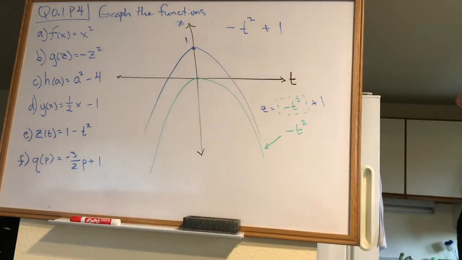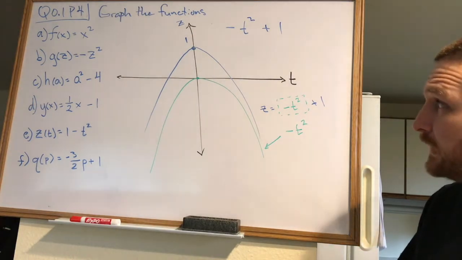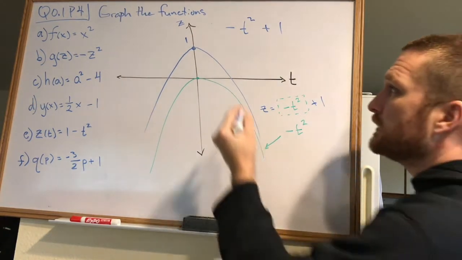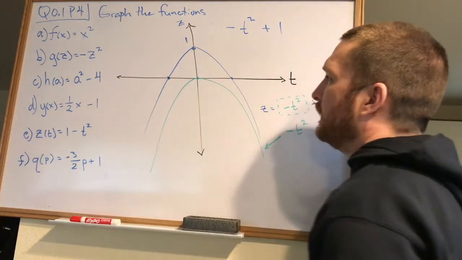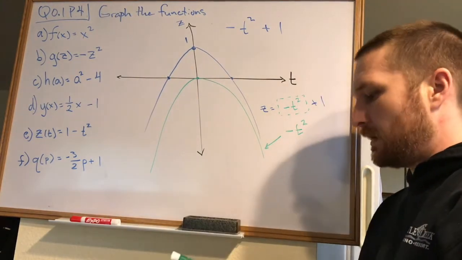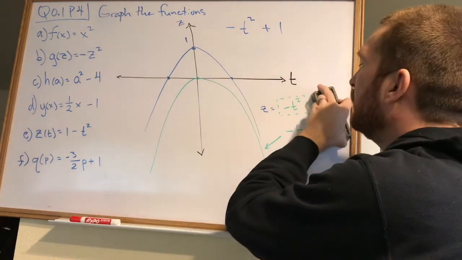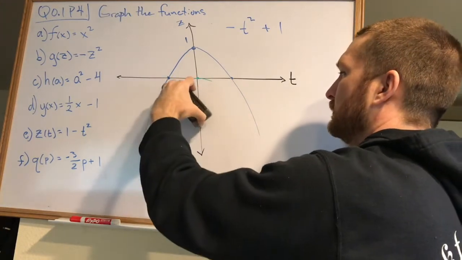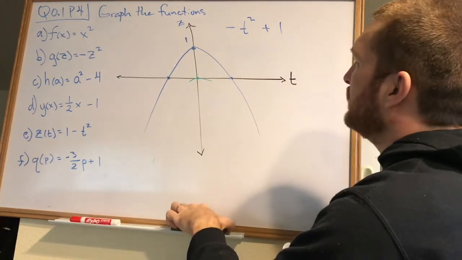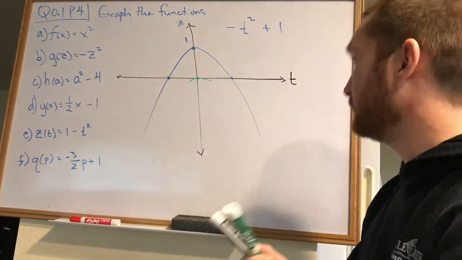Okay. Now that's pretty good. The only problem is now we have these guys to worry about. And so let's find out where that happens. Okay. Get rid of this. And say, all right, we are dealing with z of t.